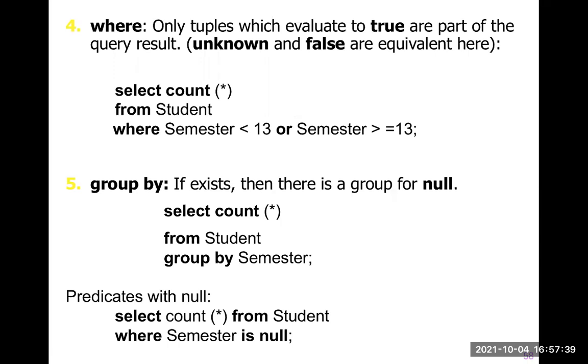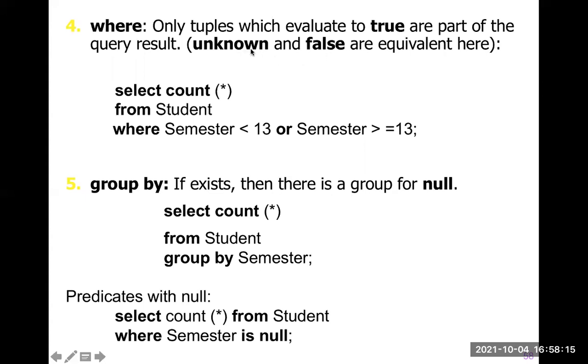And there are some changes in semantics. In WHERE, without nulls, we check a condition, and if the condition is false, we throw the record out. Now, after condition evaluation, we allow the record to go to the next step, to grouping or output, only if the tuple evaluates to true.